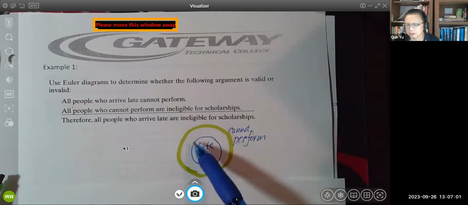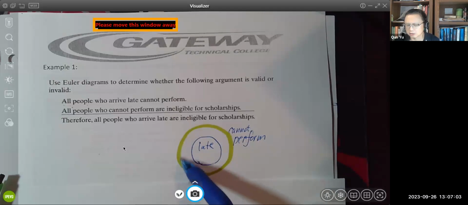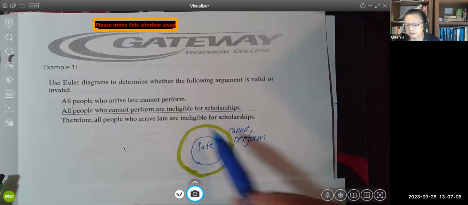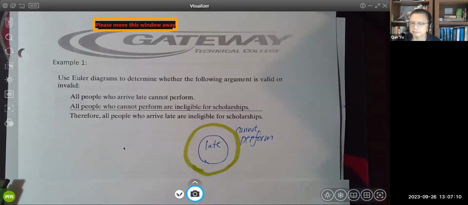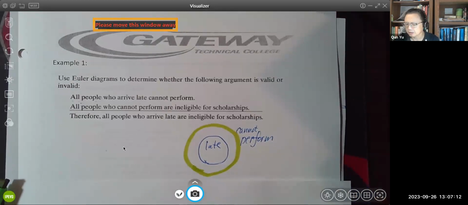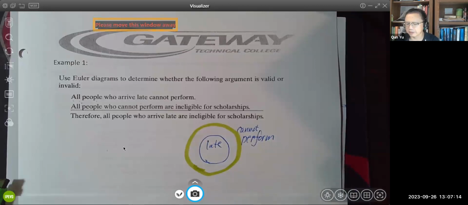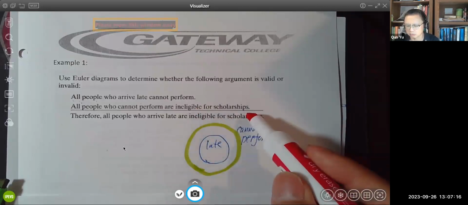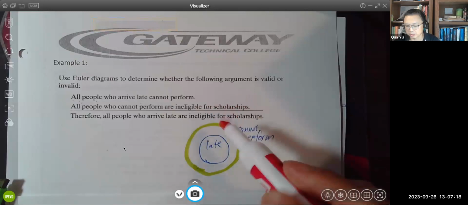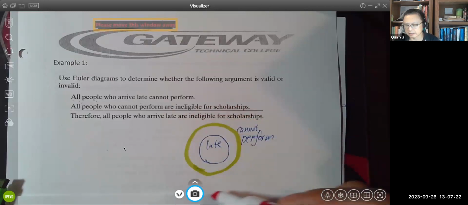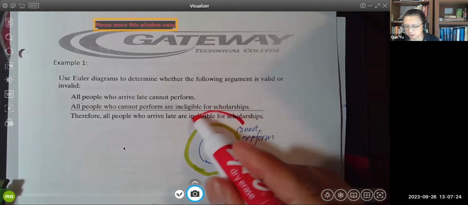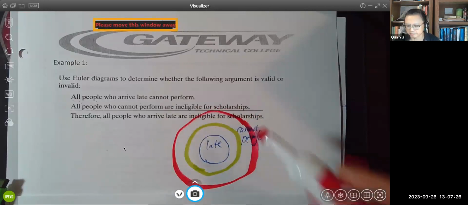This green circle has to be entirely inside this new circle that I'm going to draw. I'm going to use a red color. Notice that there's only one way to draw this new red circle. This red circle has to enclose this entire green circle. There's only one way to draw it.